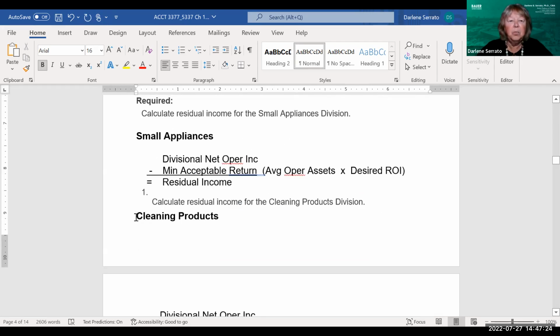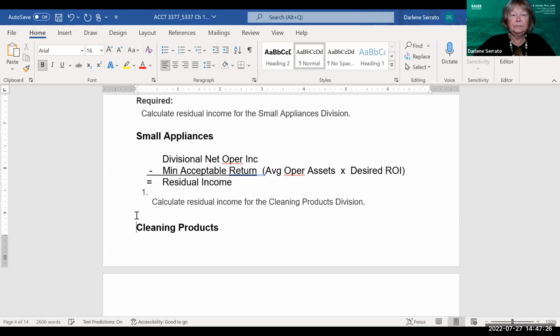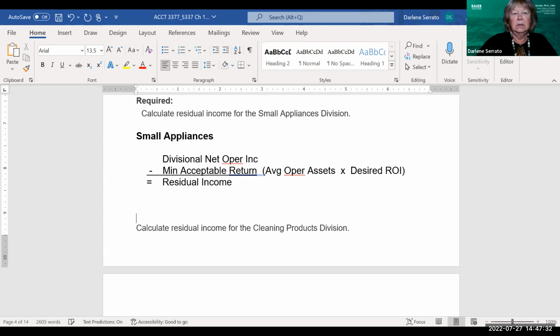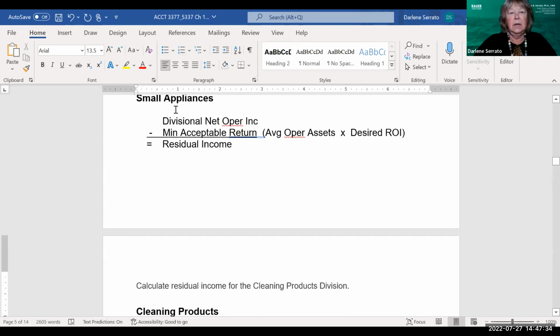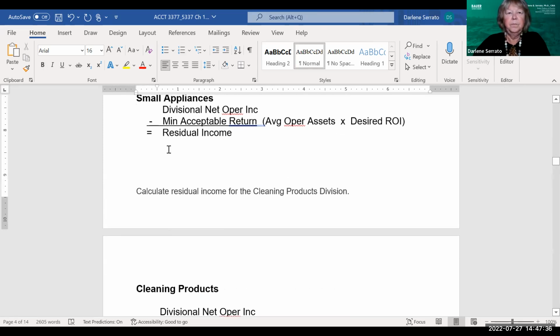So for cleaning products, we're going to do small appliances first. So the income for small appliances was 2,773,600.